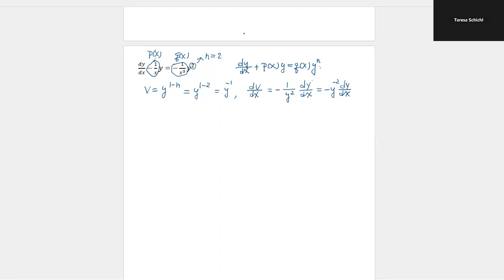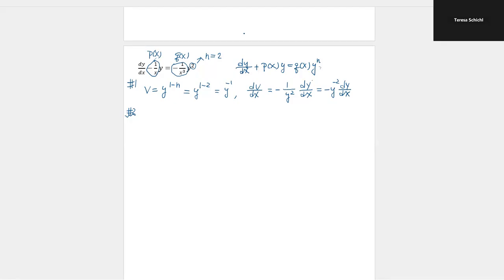So we set a new variable v here. Then step number 2 is let's replace the dy dx with the dv dx here.